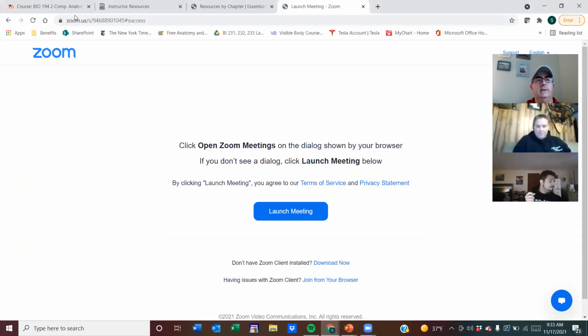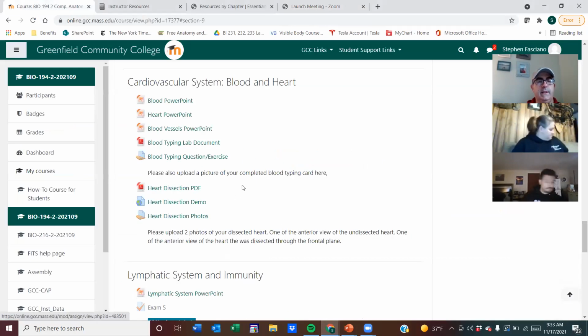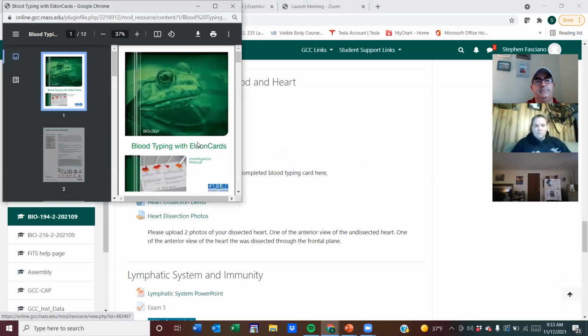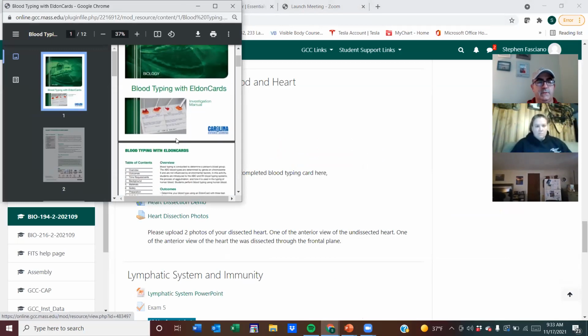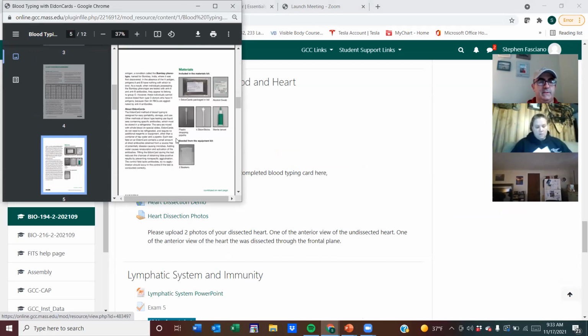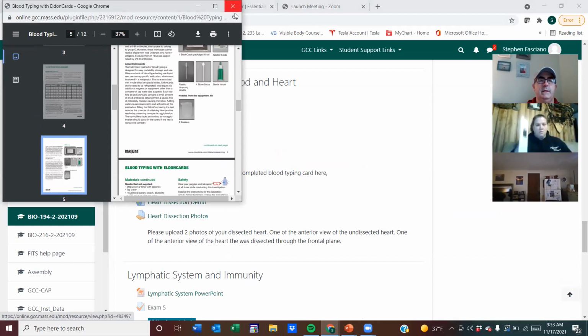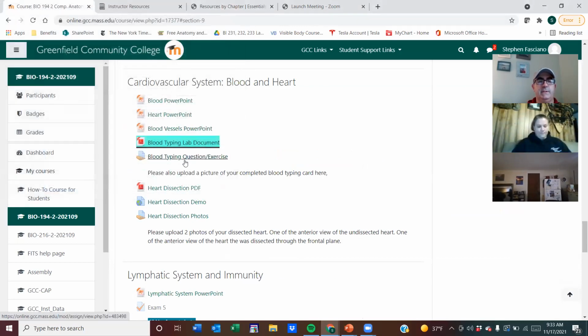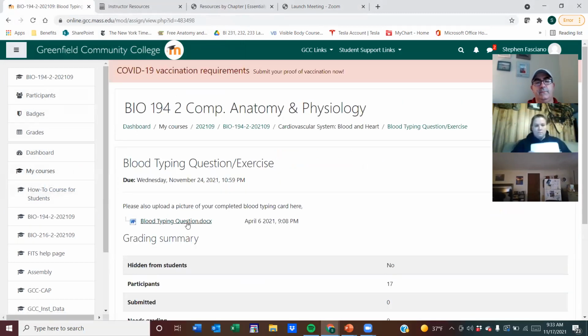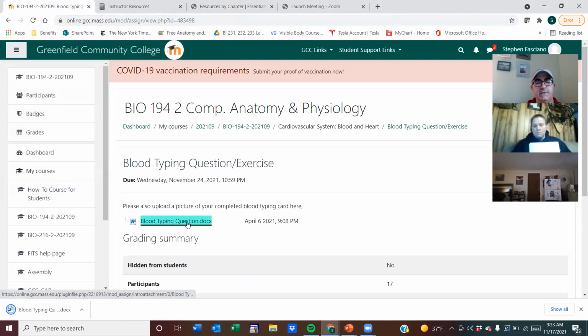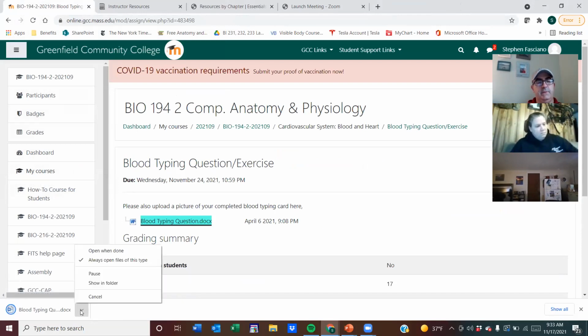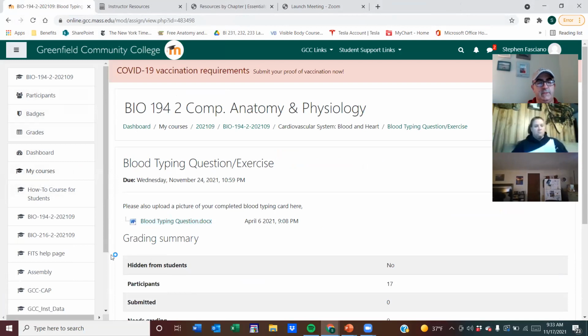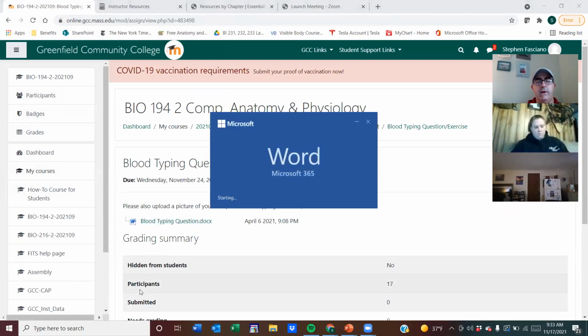In our Moodle course, I have the blood typing document, right? And that's exactly what you just held up, Kristen. It's a PDF that talks about these blood typing cards. And then there's a blood typing question. There's one question. It's a Word document. And it's a question about if somebody has this blood type, could they receive blood from this other blood type, that kind of thing.